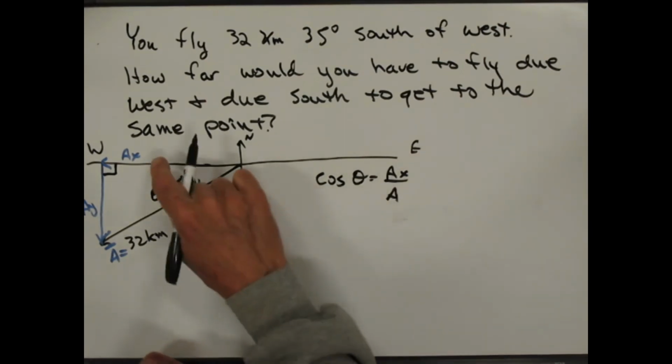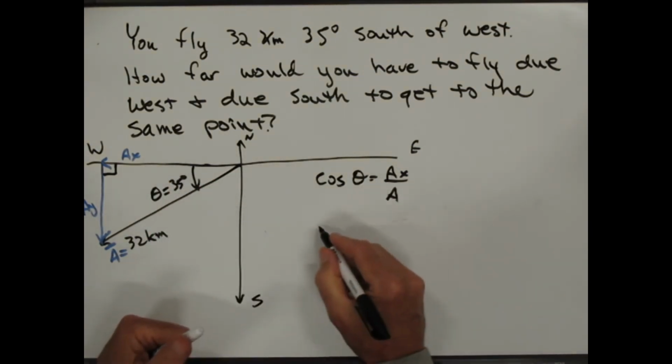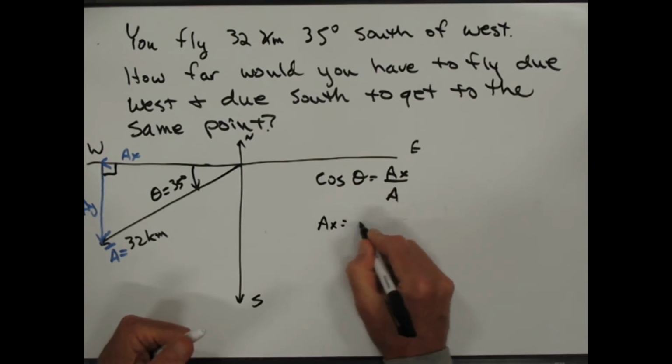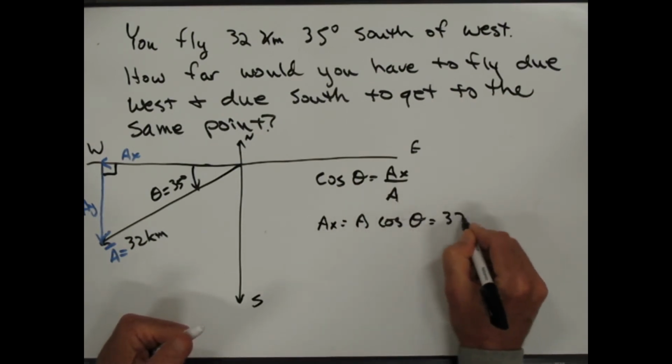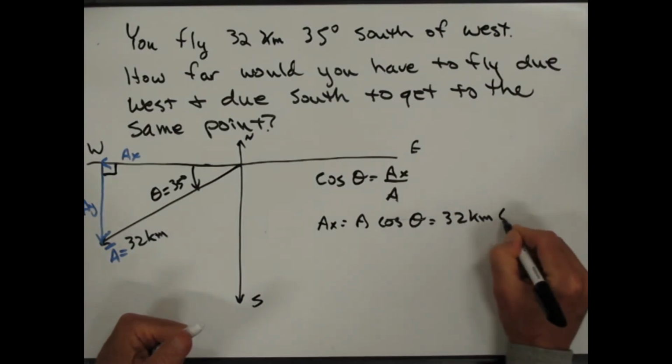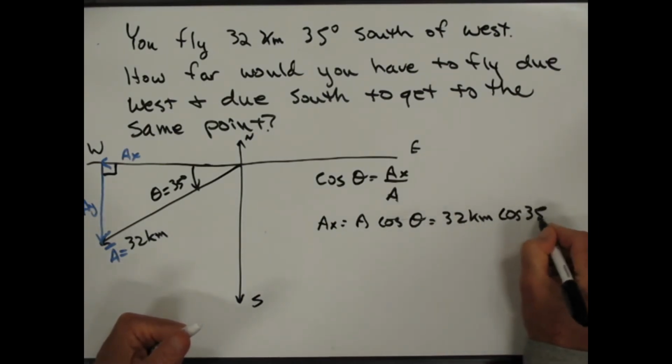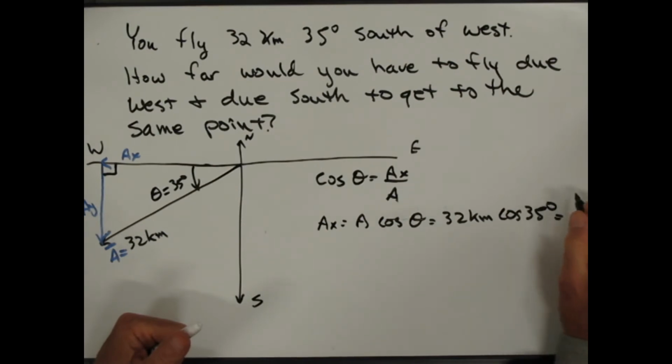It's the adjacent over the hypotenuse, and so that means AX is equal to A cosine of theta, which is 32 kilometers times the cosine of 35 degrees, and if you multiply that out, you get 26.2 kilometers.